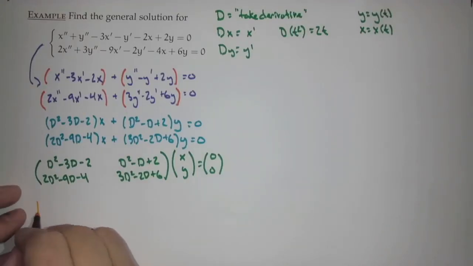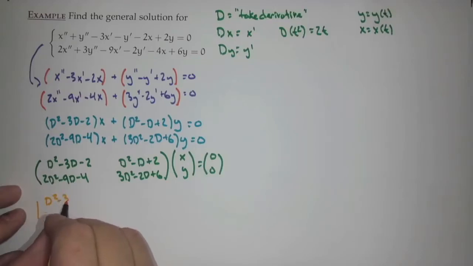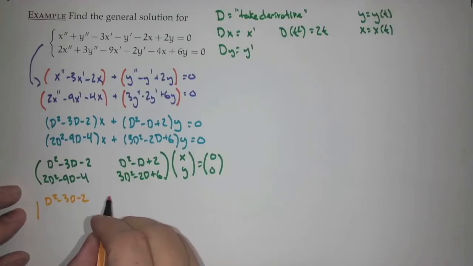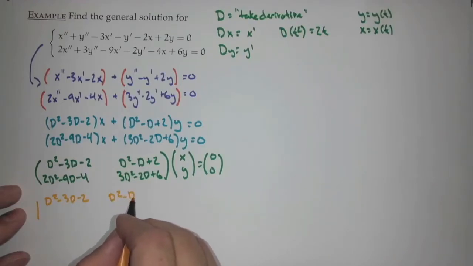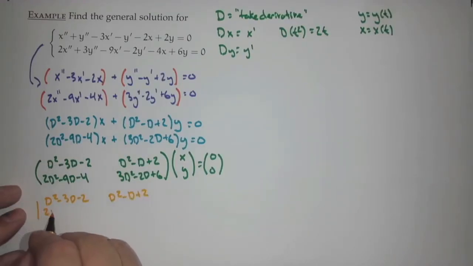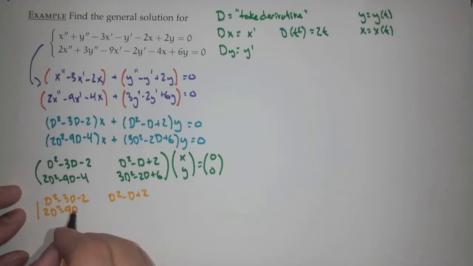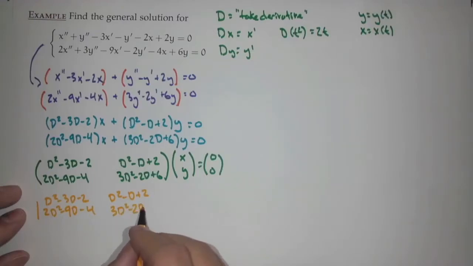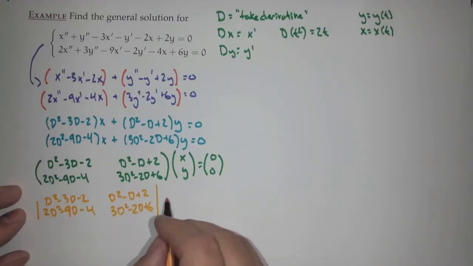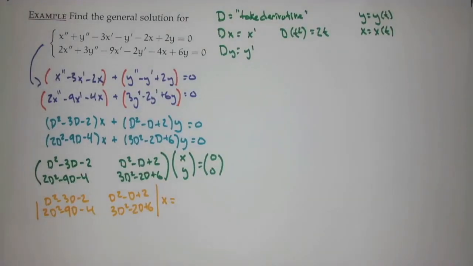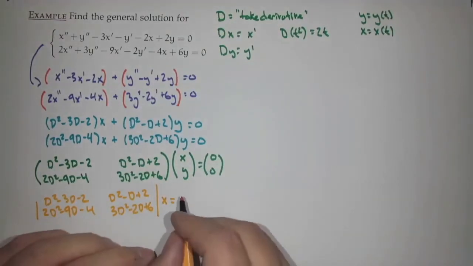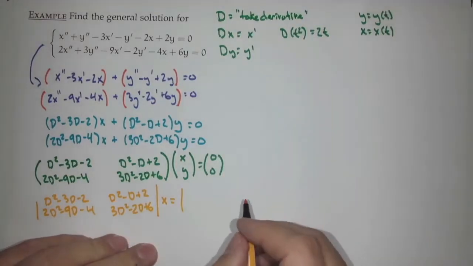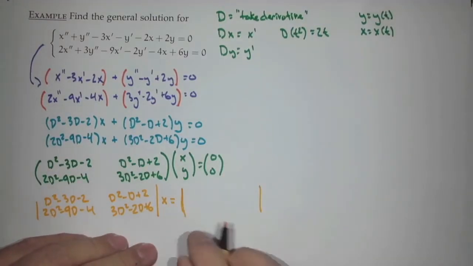Okay, so the determinant of what's on the left-hand side, so there are D squared minus 3D minus 2, D squared minus D plus 2, 2D squared minus 9D minus 4, 3D squared minus 2D plus 6, times x equals something. Okay, what goes over here?